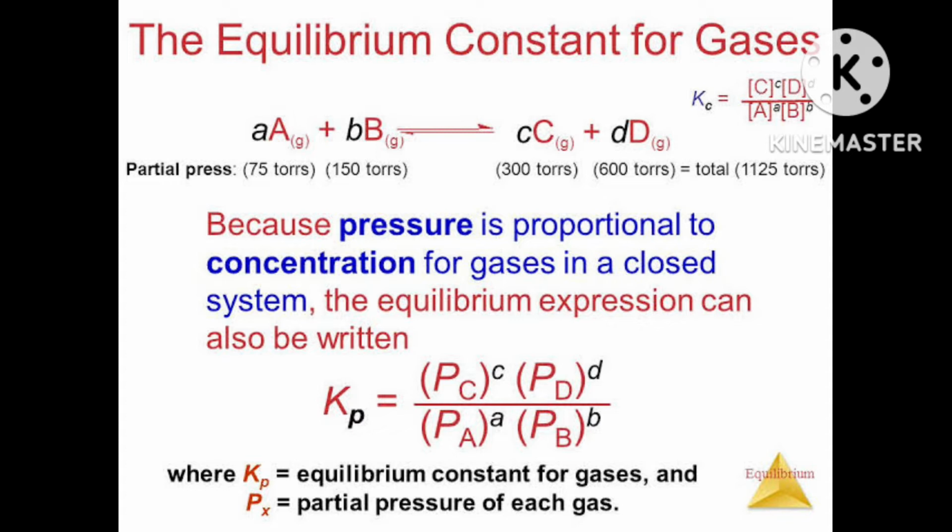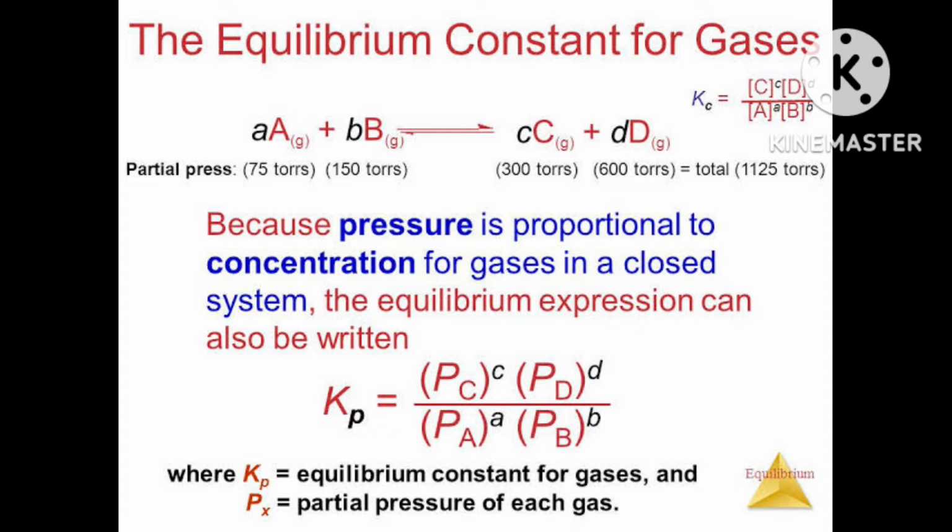Hence K1 into concentration of A into concentration of B is equal to K2 into concentration of C into concentration of D. By cross multiplication, K1 upon K2 is equal to concentration of C into concentration of D divided by concentration of A into concentration of B, that is, products divided by reactants.